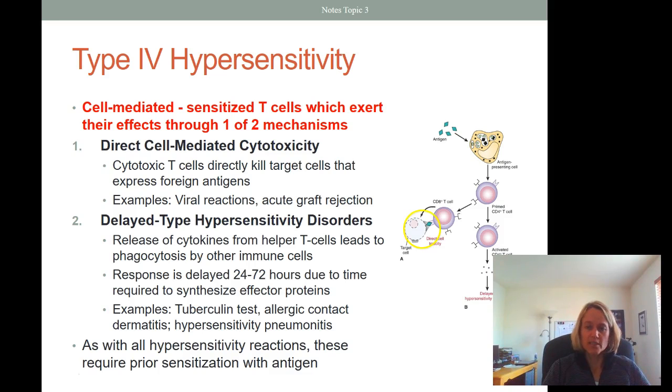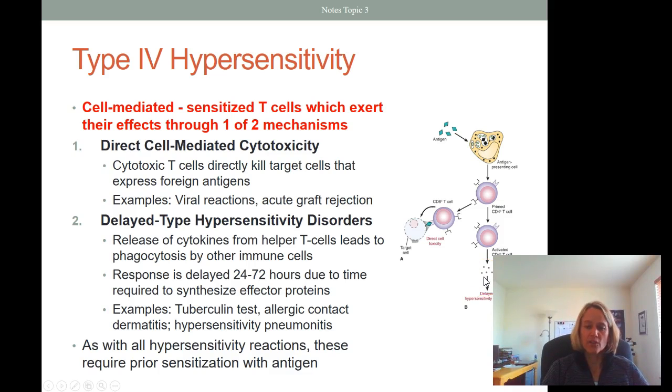Another example is the delayed type hypersensitivity reaction, and here we have helper T cells that release cytokines that then activate other immune cells to cause phagocytosis. Now, this response is delayed about 24 to 72 hours due to the time to synthesize those proteins.